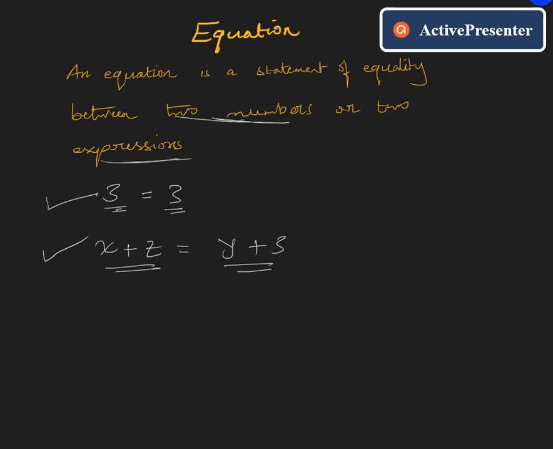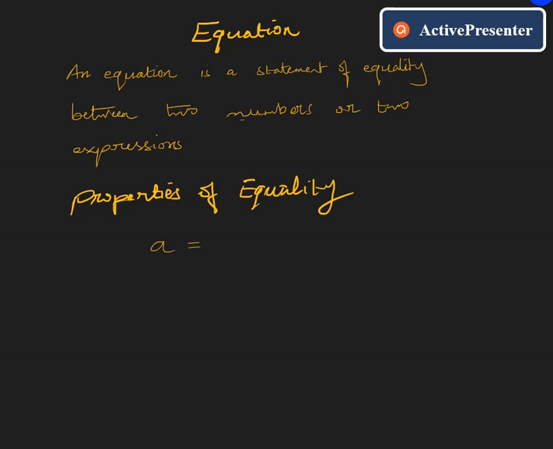There are four basic properties of equality that relate to equations. The first is A equals A. This is known as the reflexive property of equality. The second property is if A equals B, then B equals A. This is known as the symmetric property of equality.